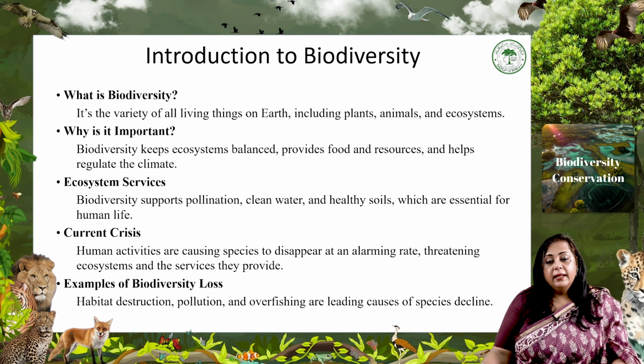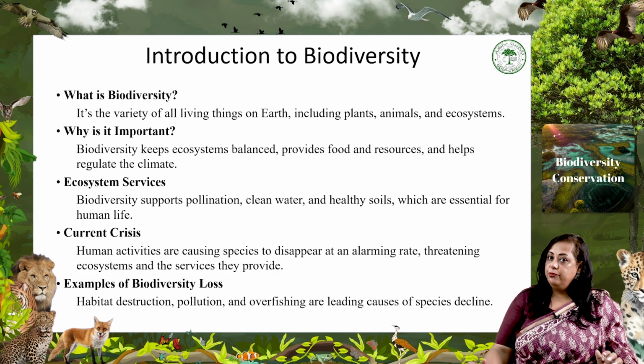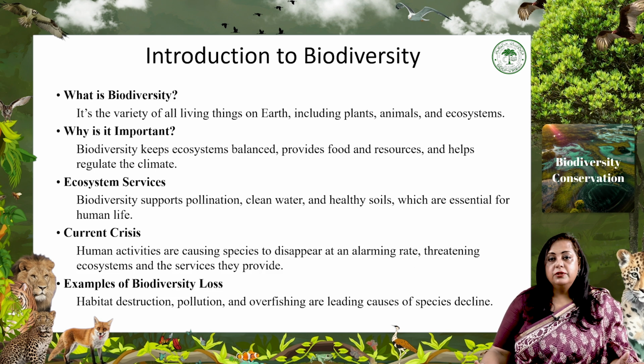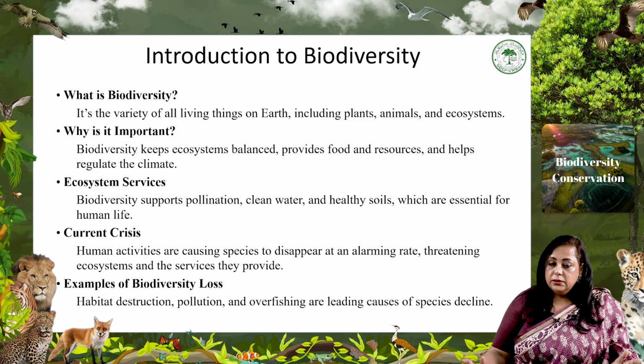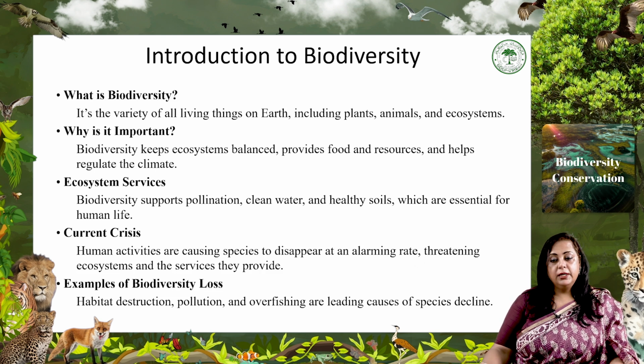Overfishing is a leading cause of species decline. Habitat destruction means not just the loss of plants but also the loss of homes for many animal and bird species. Pollution and overfishing affect aquatic ecosystems, and overfishing is a cause for the decline of species.